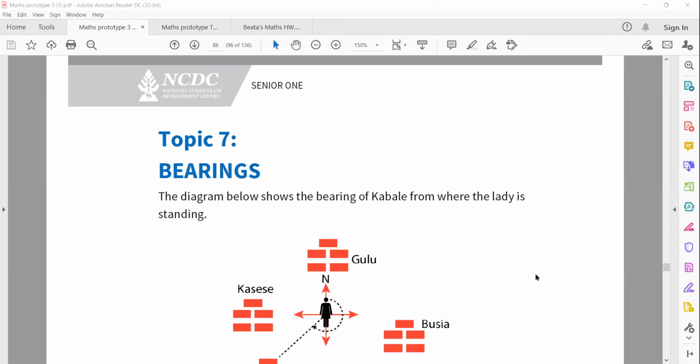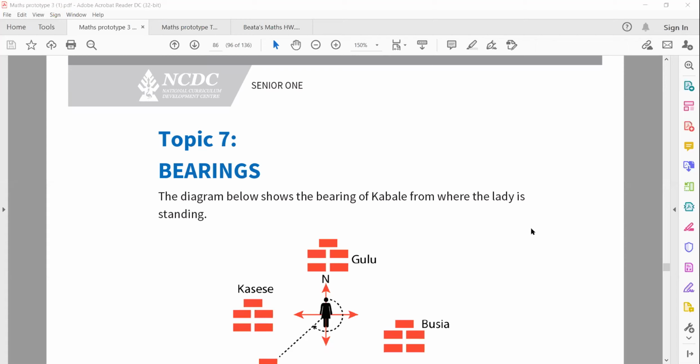Yes, please. We are beginning on topic 7, which is bearings. It is not a new term. We've had it from our primary. We had bearings, but then we need to remind ourselves what we mean by bearings.